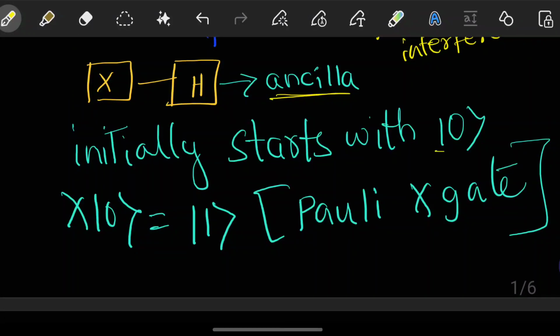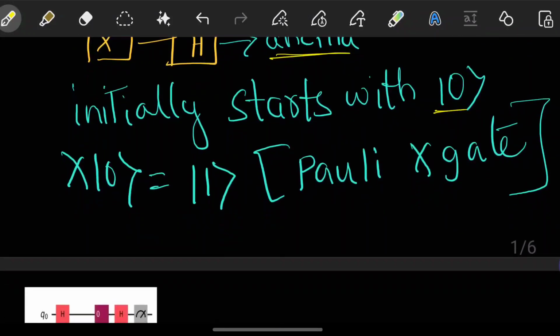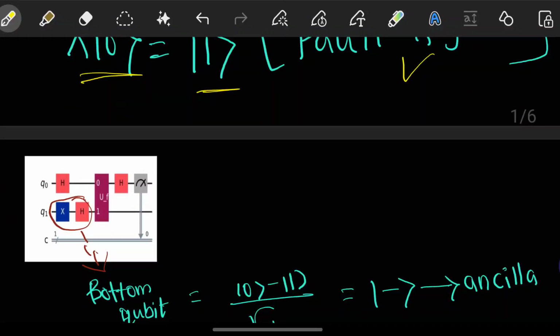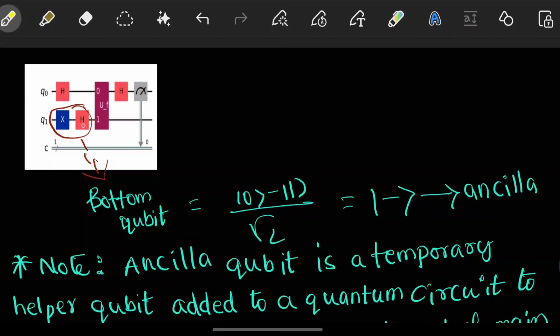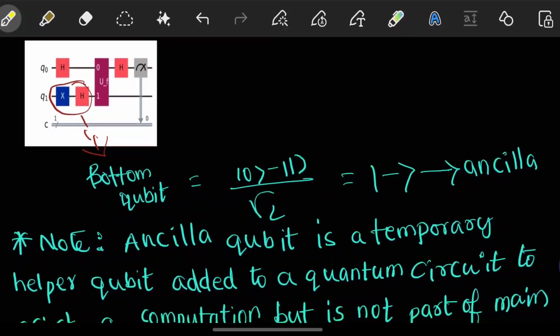Initially all qubits, the top qubit as well as the bottom qubit, start with 0. So X on ket 0 gives ket 1. That is the Pauli X gate, it flips the target. This is the bottom qubit. Again, I have given a pictorial view for your understanding.